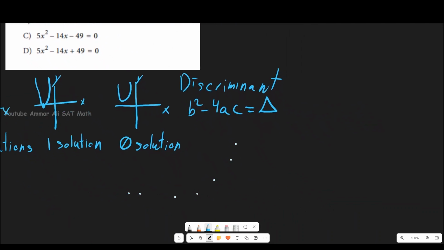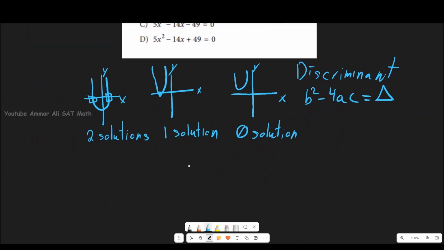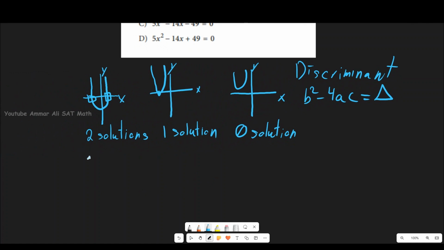So let's look at some rules of the discriminant. If the discriminant is greater than 0, we have two solutions. If the discriminant is equal to 0, we just have one solution. And if the discriminant is less than 0, we will have... oh, I wrote all that wrong.